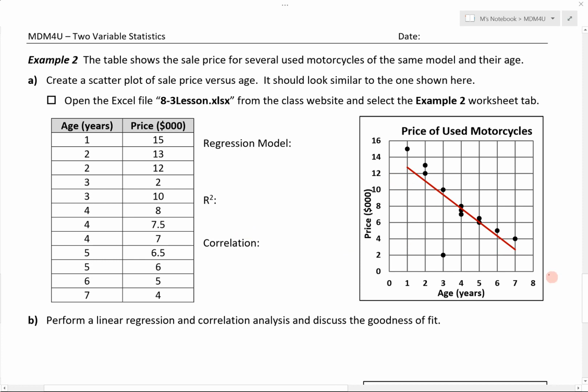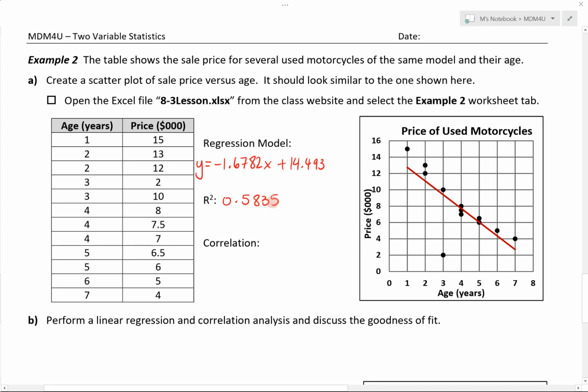Okay, so assuming you have the Excel model, you should have found that the regression equation here is y equals negative 1.6782x plus 14.493. The R-squared value would have also been calculated on that spreadsheet to be 0.5835.